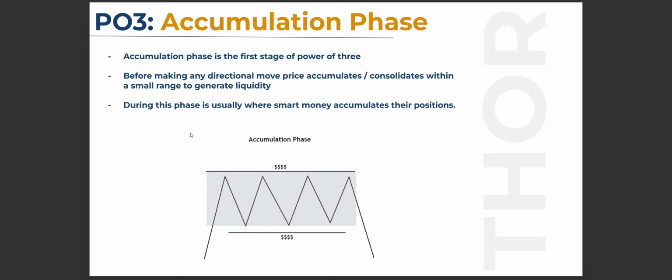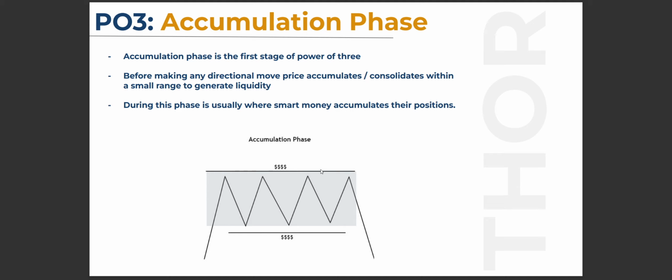So the accumulation phase, like I just mentioned, is a consolidation, an accumulation range-bound market, and the reason for this is essentially generating liquidity. Whenever you see a range-bound market, you'll have buy stops above the highs and sell stops below the lows, right? This will give the market the fuel to move the price.